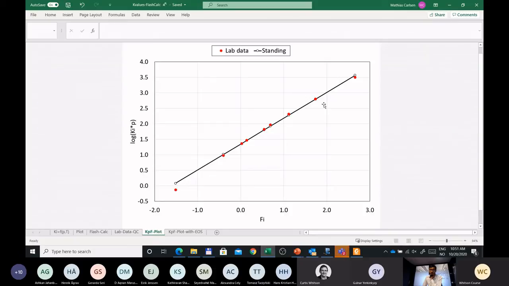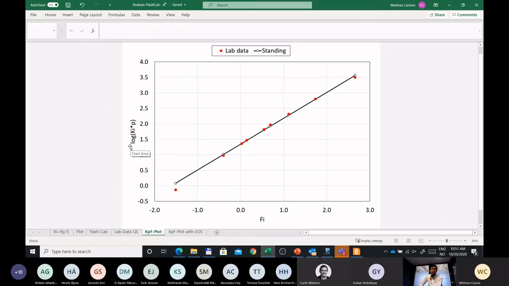Okay, and when we plot the lab data, you should not expect the lab data to perfectly lie on this straight line, because there are some approximations or correlations being used when this relationship between log of KIP versus FI has to be a straight line.